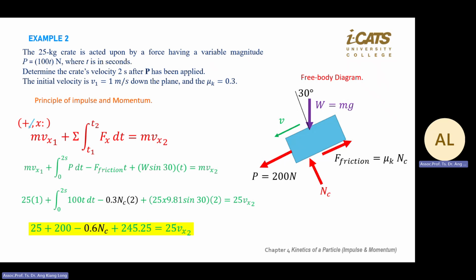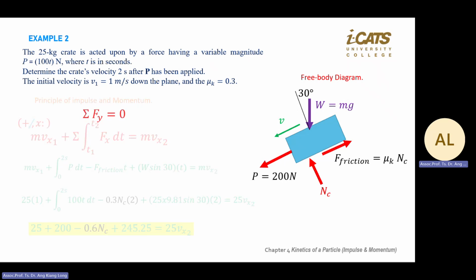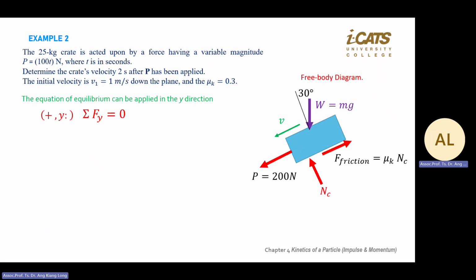You are dealing with the x direction, the equation in x direction first. Okay, here you have 2 unknowns, so we need 2 equations. You find the next equation in y direction. So you do the same. In y direction, all the force in y is 0 because the object does not fly up from the surface, so you know that it's 0.